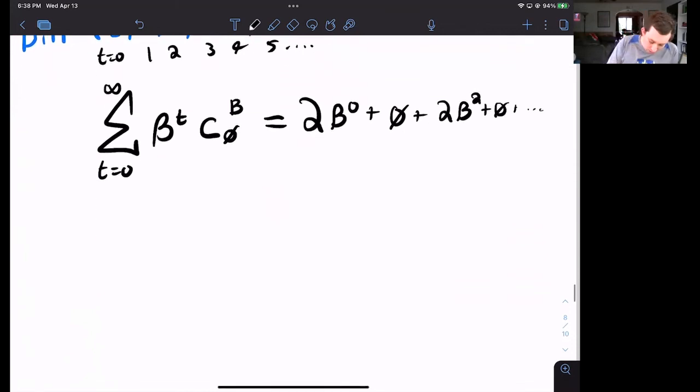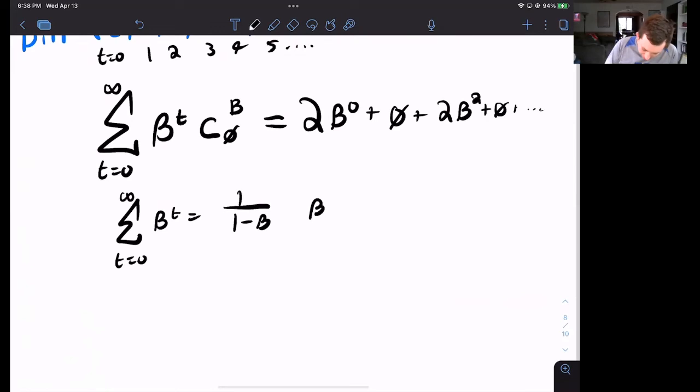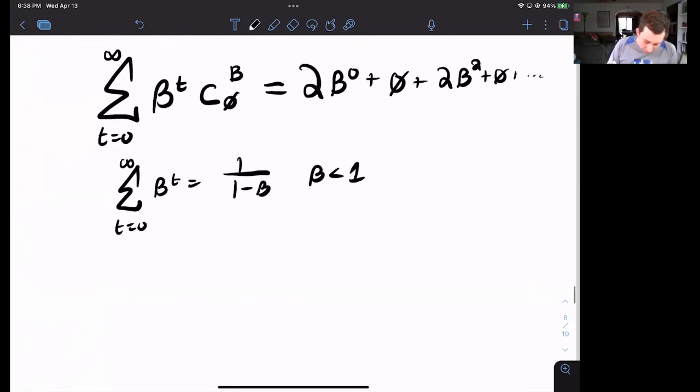So we also know that the sum from t equals 0 to infinity of beta to the t is equal to 1 over 1 minus beta, since beta is less than 1. So this left-hand side is really just C_0^B over 1 minus beta.